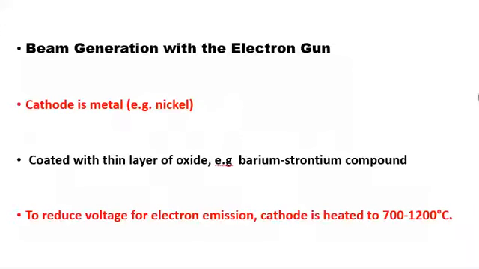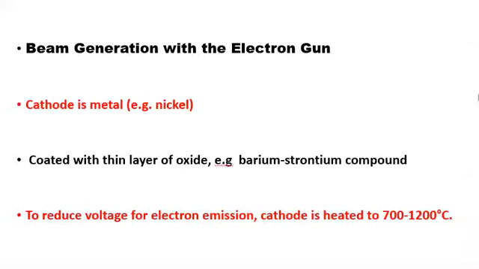Now let us start looking at these 4 stages of forming an image by CRT. The first one is the beam generation, as we have seen, and it is done using what we call the electron gun. Now, how does that happen? Our cathode is actually a metal. As you know, in a battery we have cathode and anode, cathode being the negative and the anode being the positive.